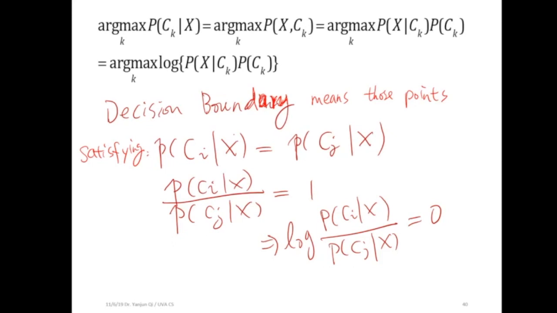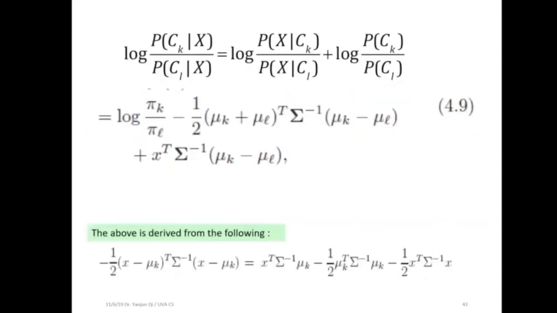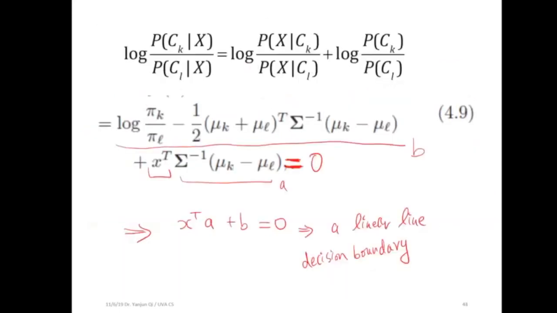So the log density ratio is 0 for those linear decision boundary classifiers. Now you can replace P(i | x) using the LDA conditional probability and do all the derivations. It's actually a very good proof.